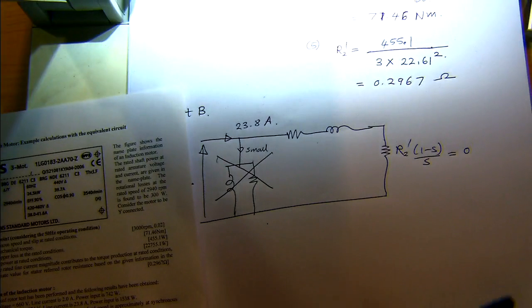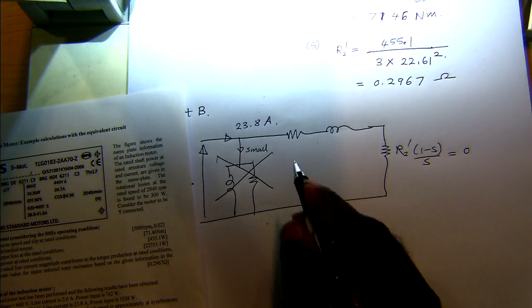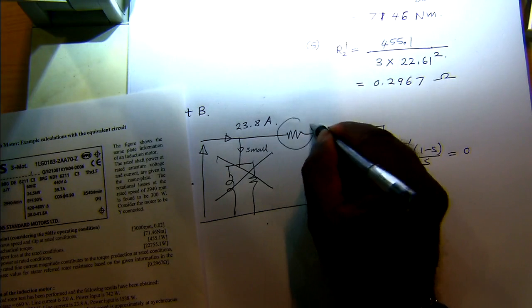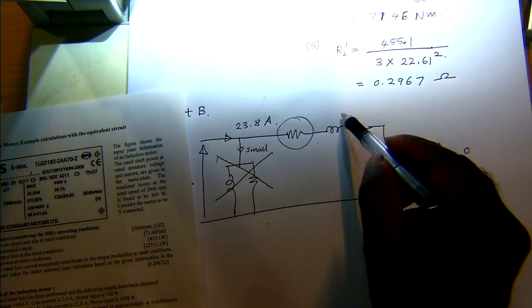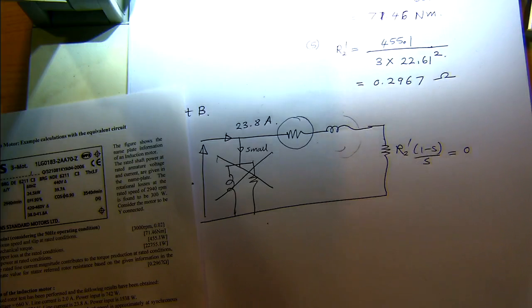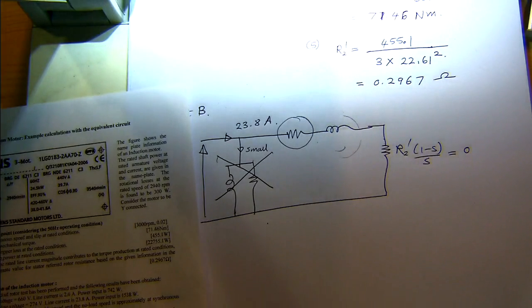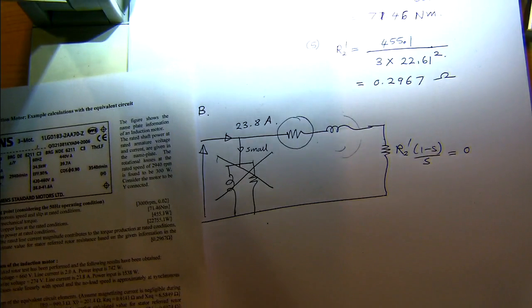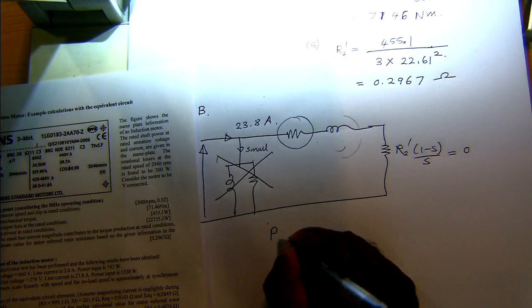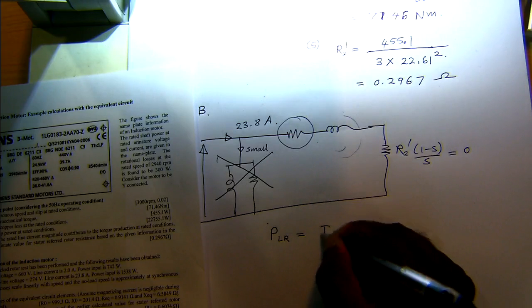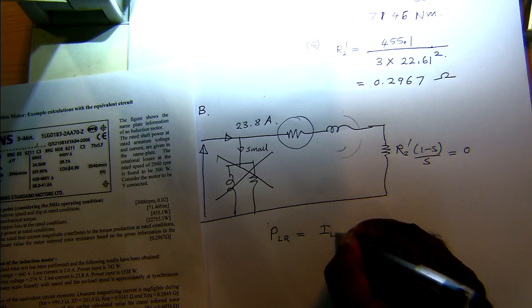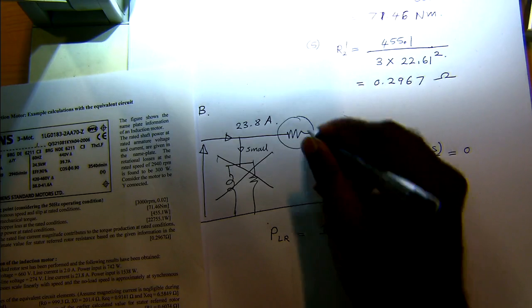So the total power consumed by the circuit is due to this particular element. That's the real power consumed in the circuit. And the total reactive power is due to this particular element here. So we can calculate the real power input. Let's say P lock rotor will be I lock rotor condition squared times this R equivalent.